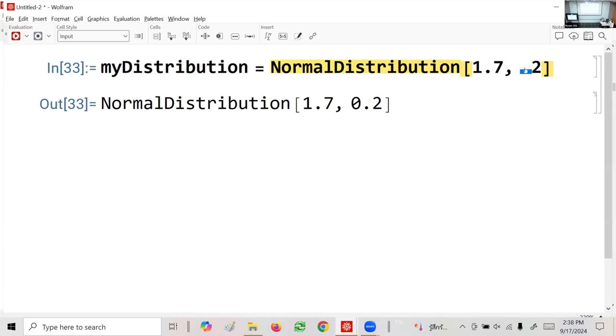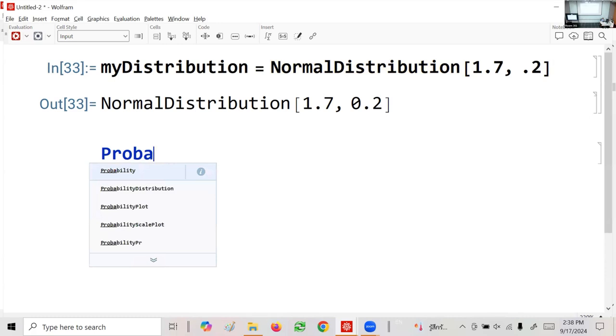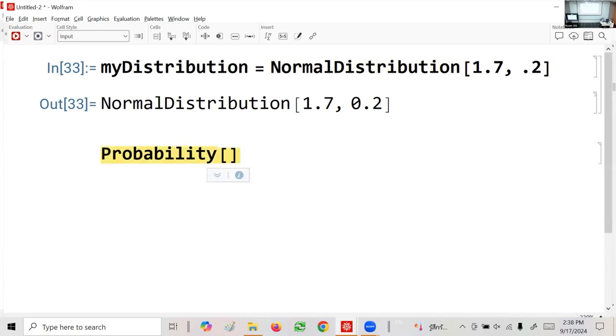Now you can ask it anything. I want to know the probability that X is less than or equal to 1.7. Let's make it easy. Probability of X less than or equal to 1.7, given that X. In Mathematica, big X and little x are the same X, just for computer coding.